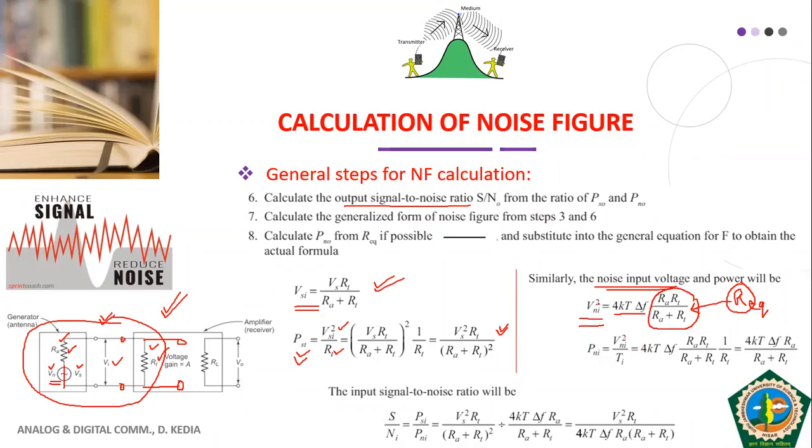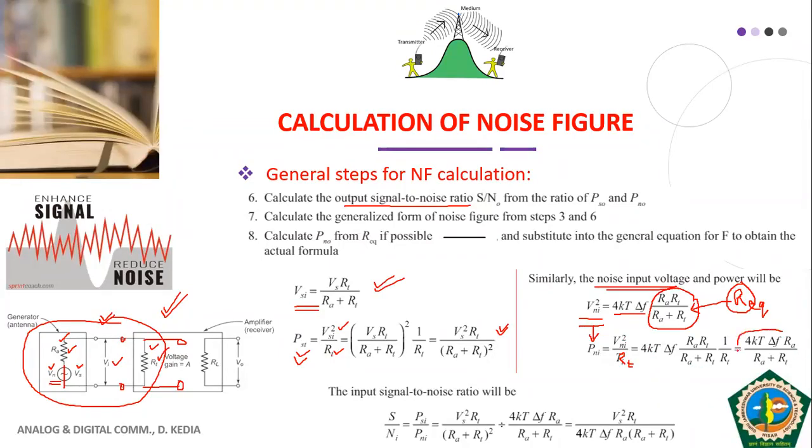And this is voltage square. So this gives us the input noise power. If you put these values, input noise power is VNI square. It will be not TI, it is wrongly written. It will be VNI square by RT. So if you substitute all these values, this is what you get.